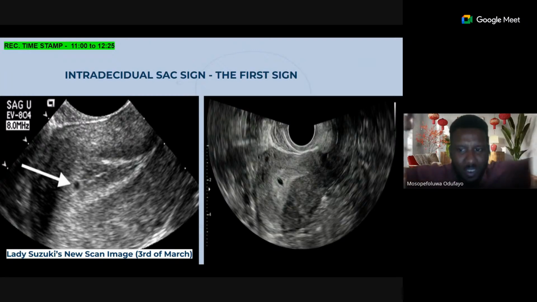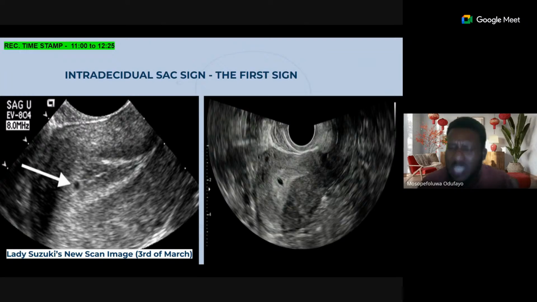It is the first sign of a first trimester pregnancy. This is the earliest thing you would ever pick if this woman is just a few days after an expected period. This is what you're going to pick, so this is what we're going to see on the 3rd of March.